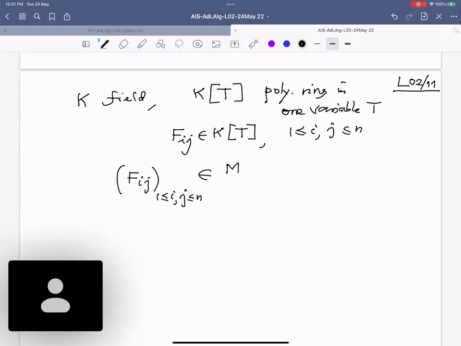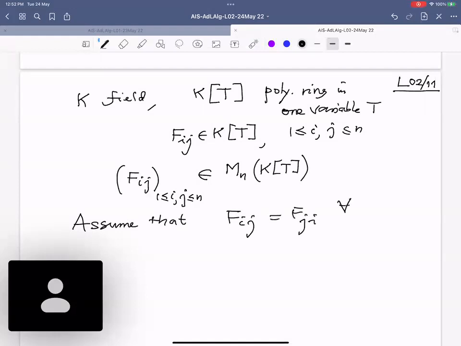To start with, this is in Mn(K[T]). So polynomial entries. And I want it symmetric. So I assume that Fij equals Fji for all i, j.